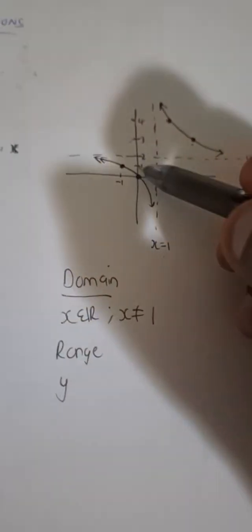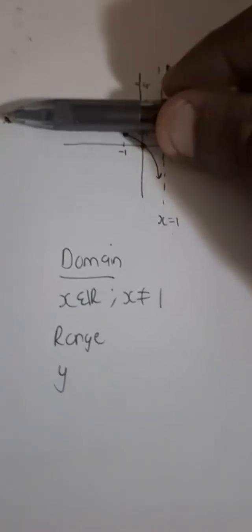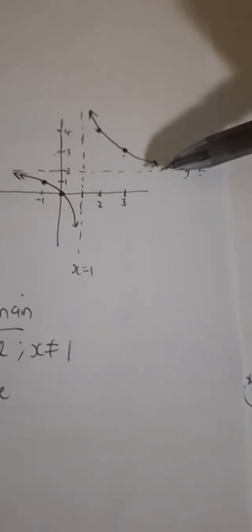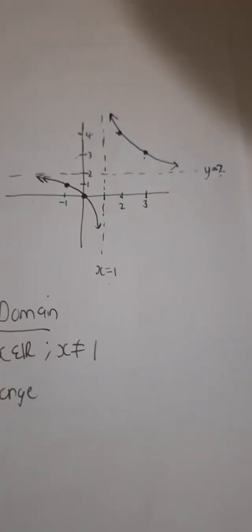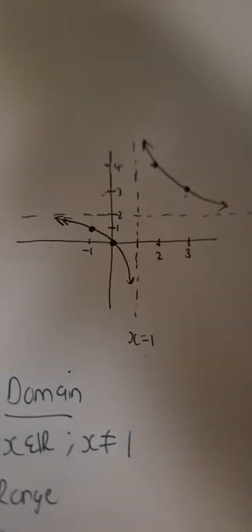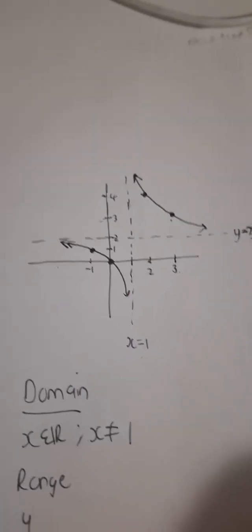Then here we stop, there is no existence. Then look at the function here. It goes up and away. Look at the arrow, it goes on infinitely in that direction, never stopping.